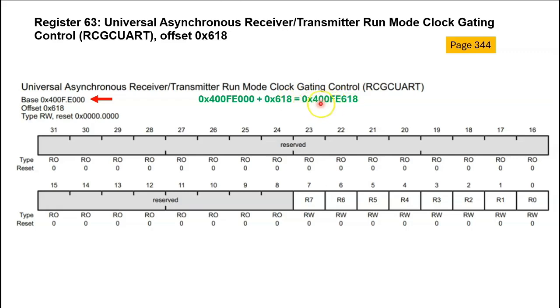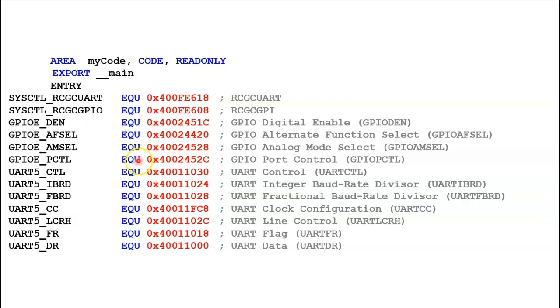This is how that address is being derived. This is how all the other addresses are derived. You need to refer to the TM4C123GH6PM microcontroller datasheet.